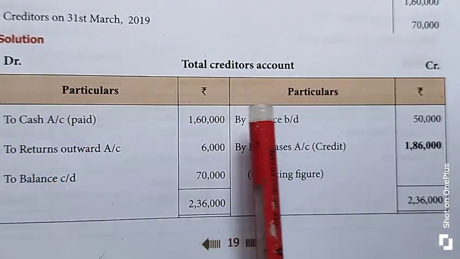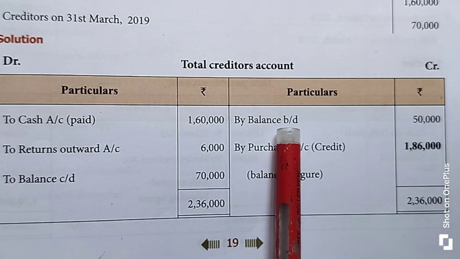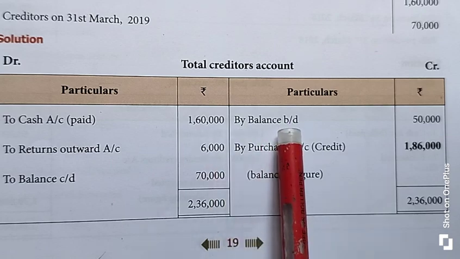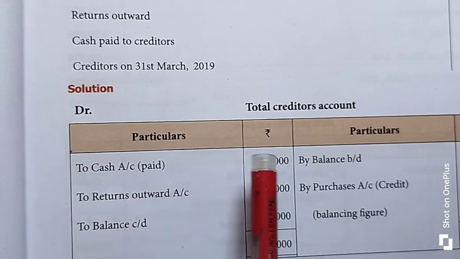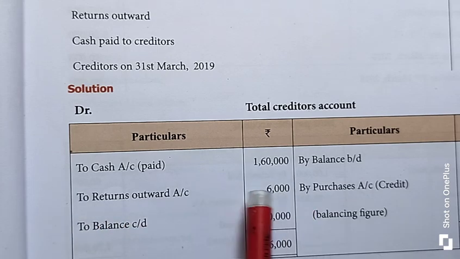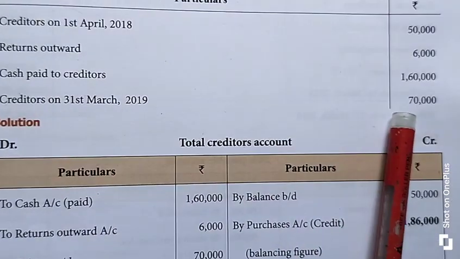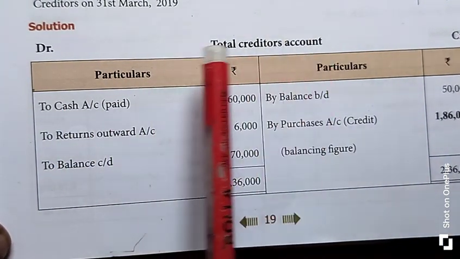Always start with the opening balance, so we enter it on the credit side of the total creditors account: by balance brought down 50,000. Then cash paid 1,60,000, return outwards 6,000, and closing balance 70,000, entered as per the format on the debit side.